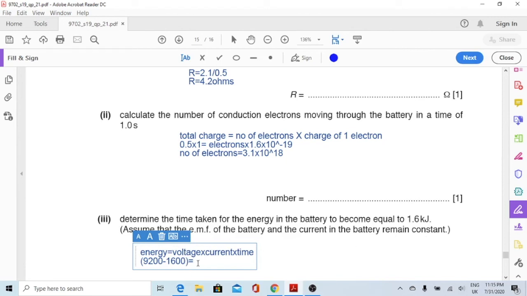So our EMF is 2.8 into current, which is 0.5, into time, which is what we have been asked for. So time is equal to 5.4 into 10 to the power 3 seconds.